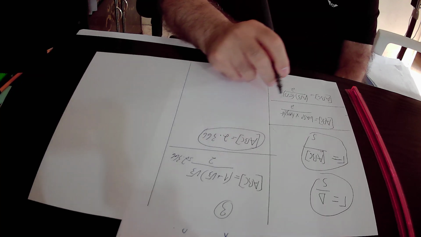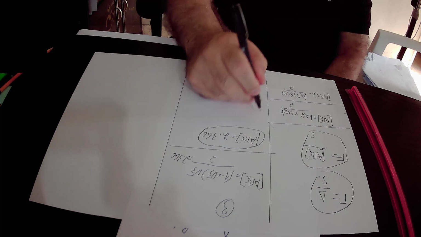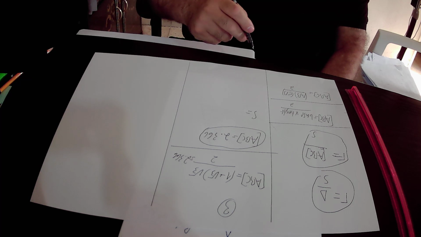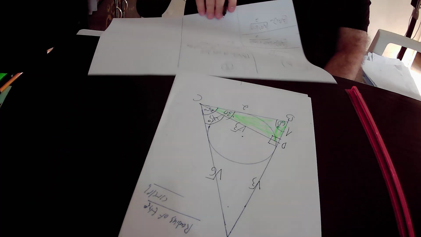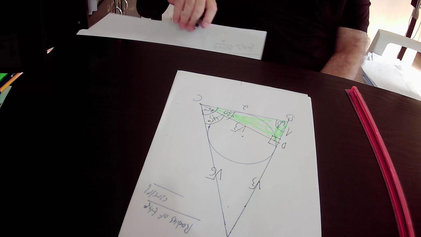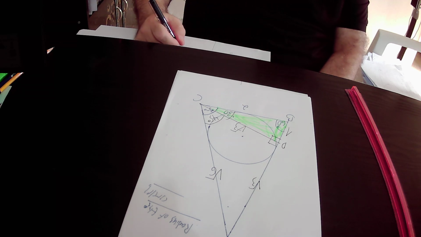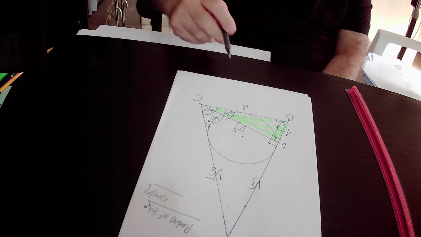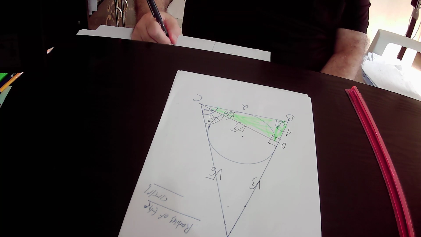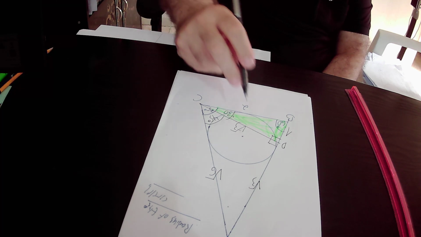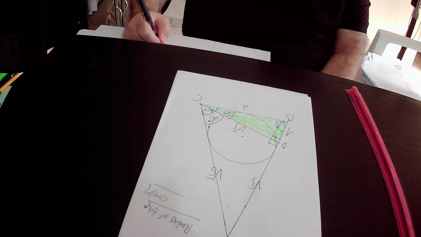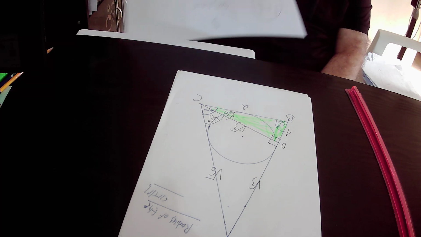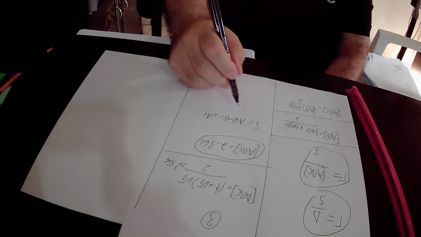In the next step, we'll find the semi-perimeter of triangle ABC. The semi-perimeter of any triangle is equal to the perimeter over 2, and the perimeter of triangle ABC is equal to AB plus BC plus AC, and if we divide the perimeter by 2, we get the semi-perimeter.